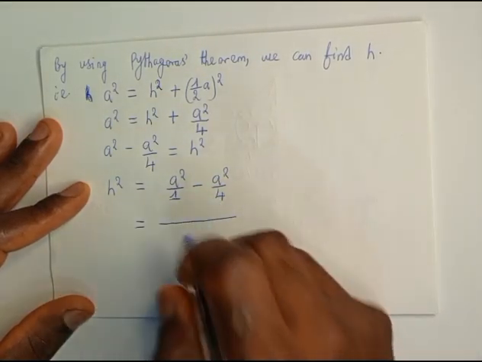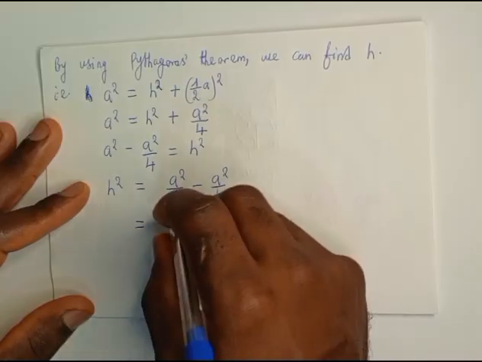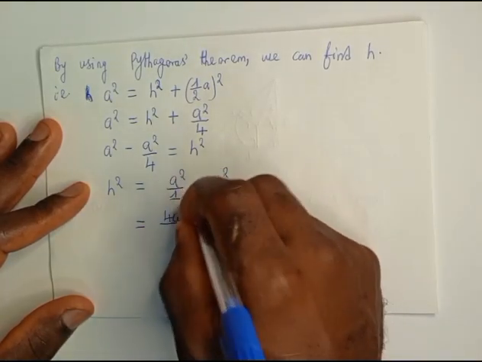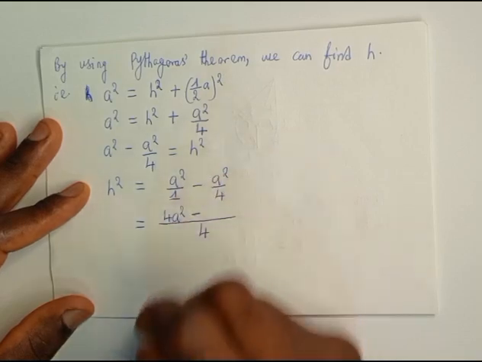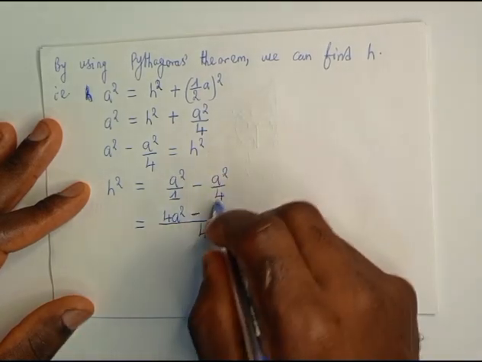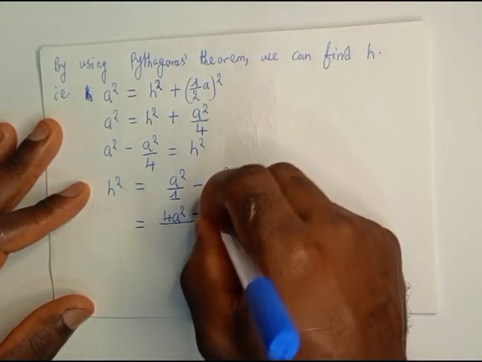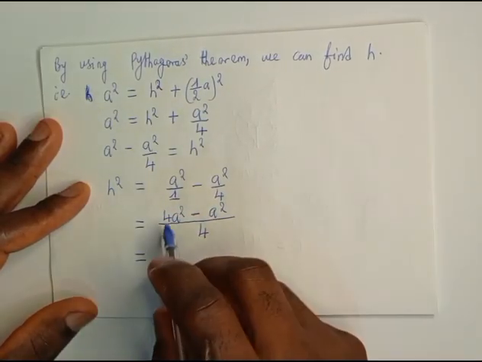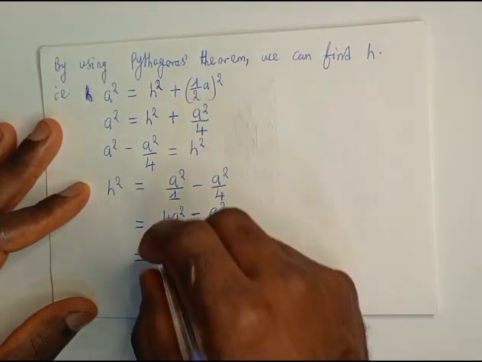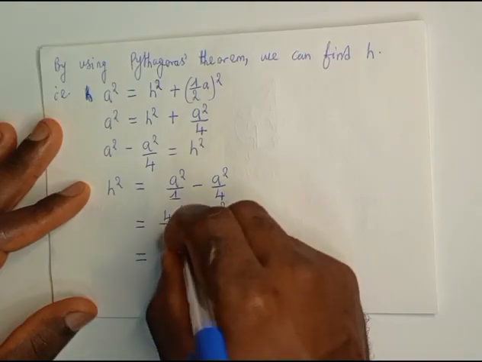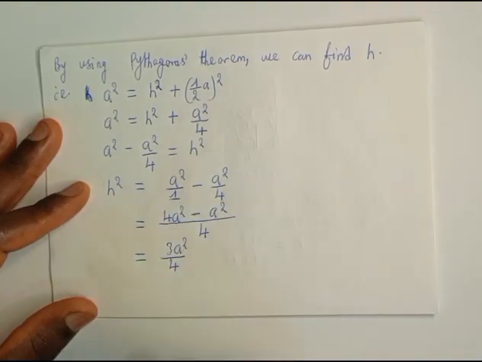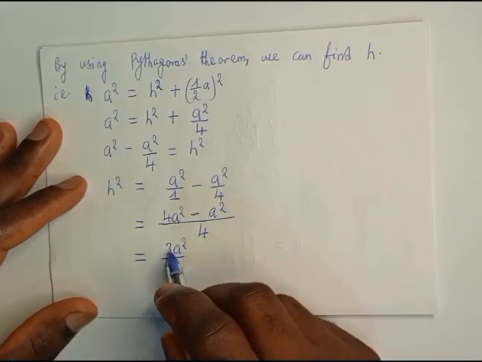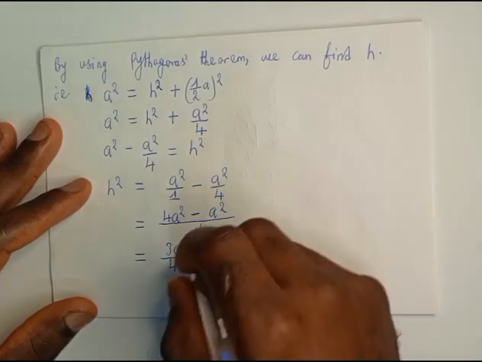The LCM of 1 and 4 is 4. 4 divided by 1 gives 4 times a squared gives us 4a squared. Bring down the subtraction sign. 4 divided by 4 gives 1 times a squared. This will be equal to 4a squared minus a squared gives us 3a squared on 4. We have h squared equal to 3a squared on 4.